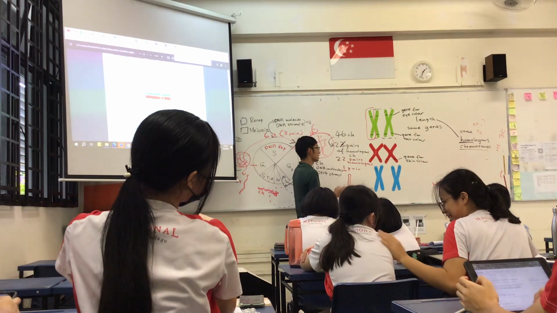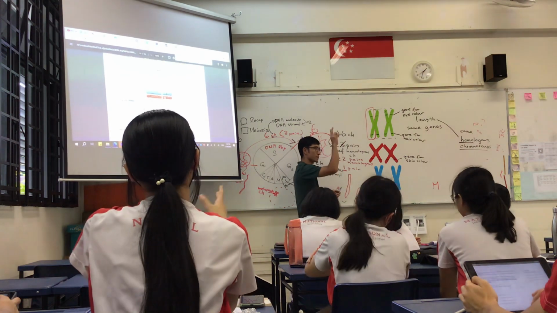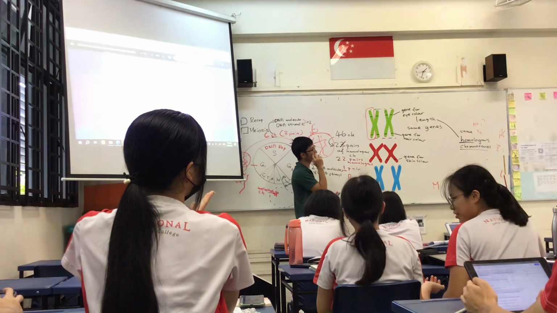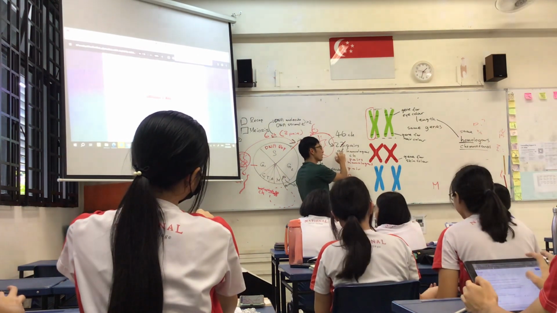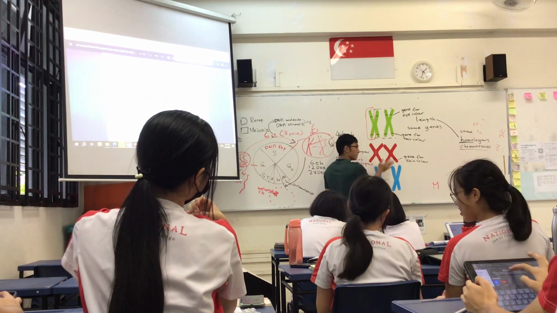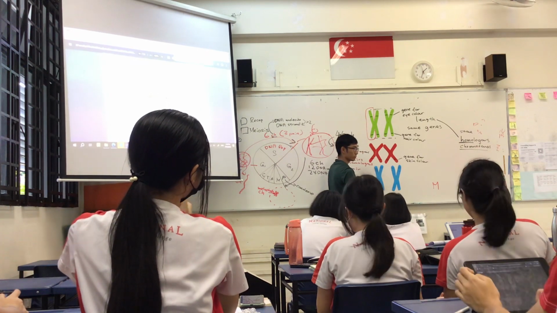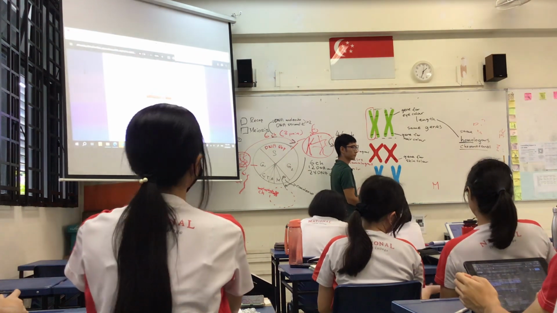In reality, we have 46 chromosomes, or in other words, we have 23 of these pairs. Here I'm only showing you 3 pairs, but imagine in humans we have 23 pairs of chromosomes. 23 pairs of chromosomes equals 46 chromosomes.